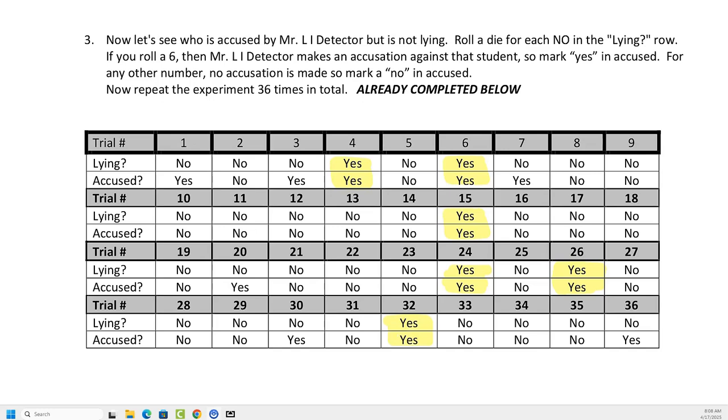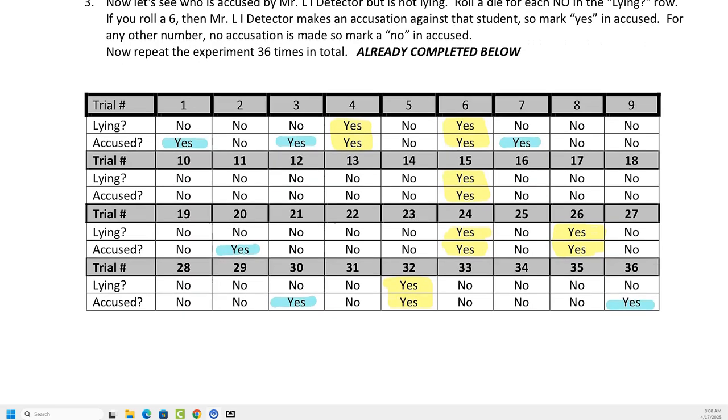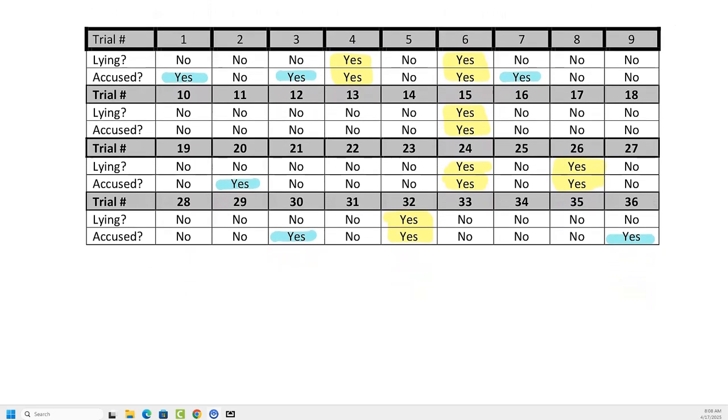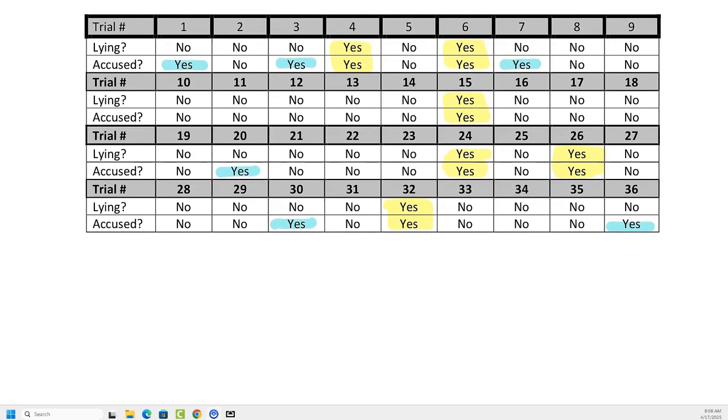So instead of doing the whole thing, I'll just mark the yeses that are still yeses in the bottom. Okay, do you get the idea? So I've got those covered here, so let's go on to the next page.